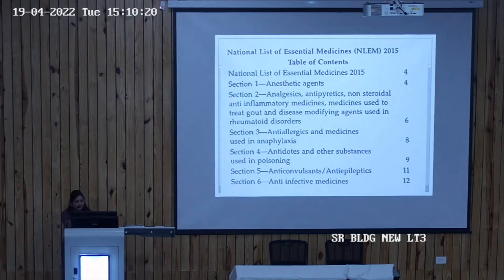So you have this national list of essential medicine 2015. You have the following sections in it. These sections will say about the anesthetic agents, section 2 about the analgesic antipyretic, section 3 about anti-allergic. So similarly you have all the sections.